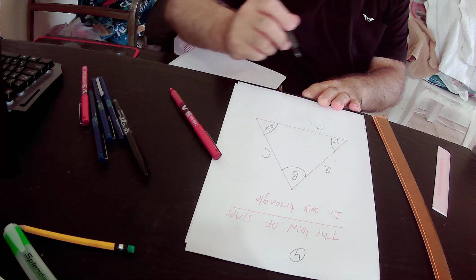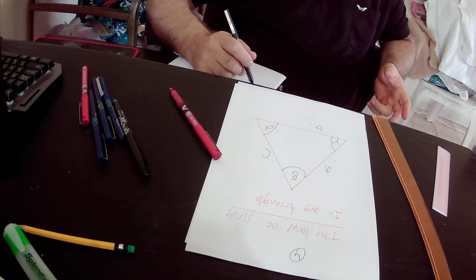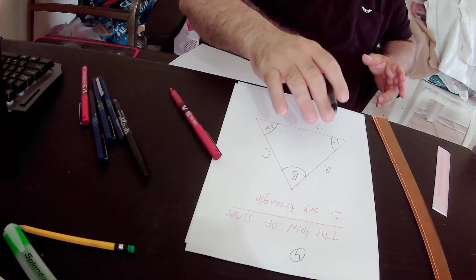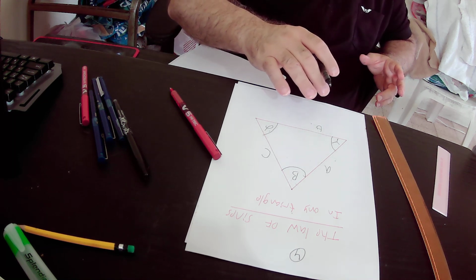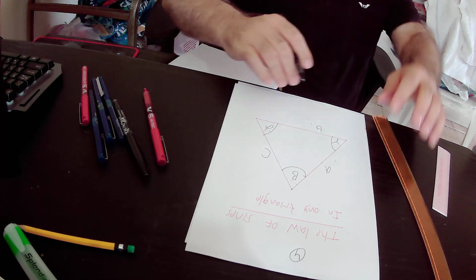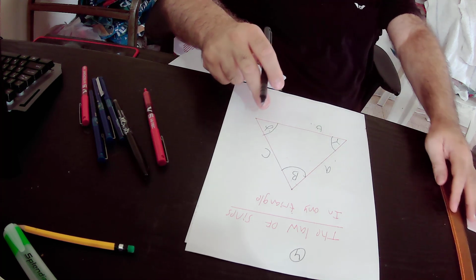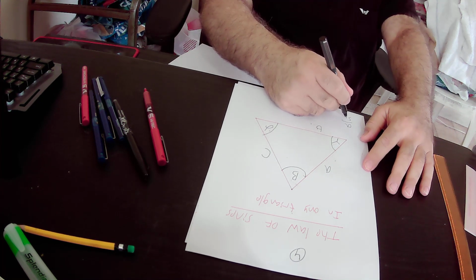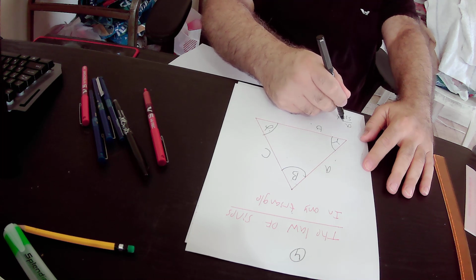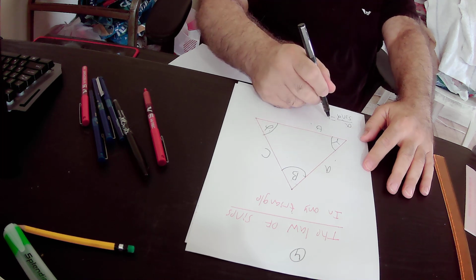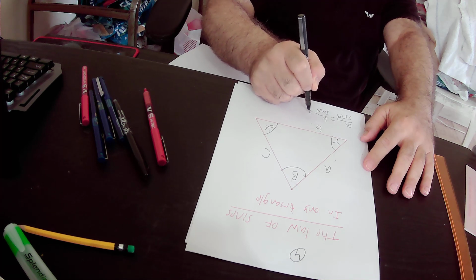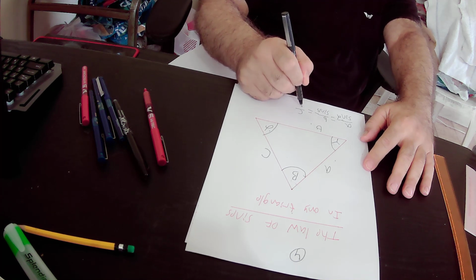Then, according to the law of sines, the following relationship exists between the sides of the triangle and the angles of the triangle: a over sine alpha equals b over sine beta equals c over sine gamma.